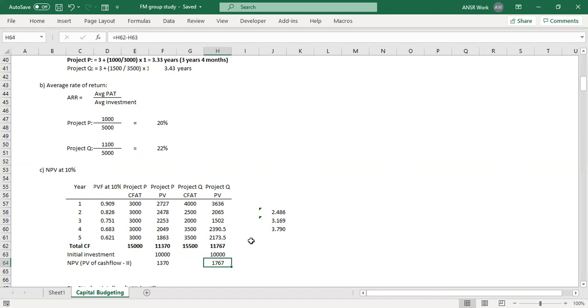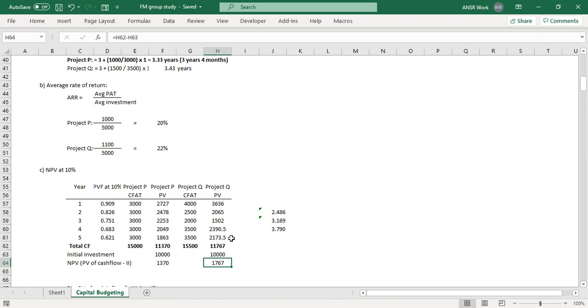I'll just repeat what this NPV is once more. NPV is nothing but the present value of the net cash that you are receiving as of today. So what is this 1,370? What is this 1,767?